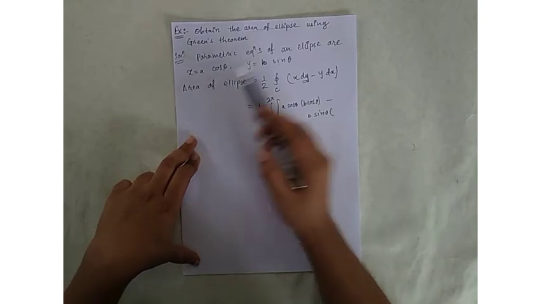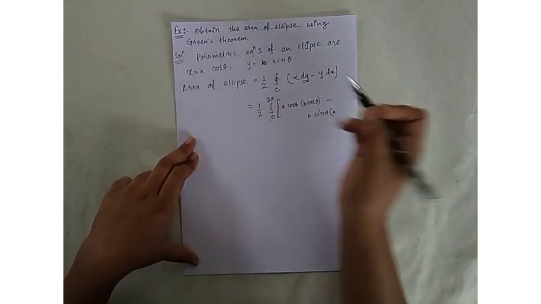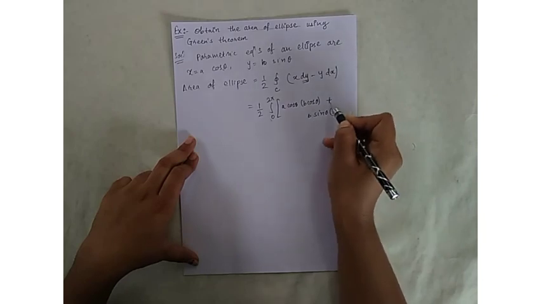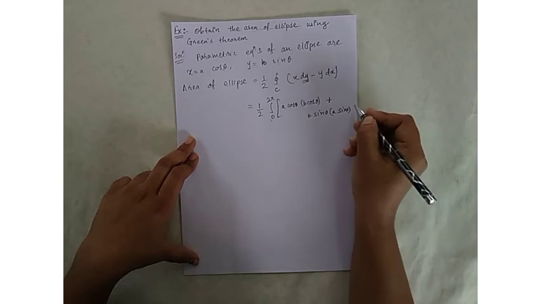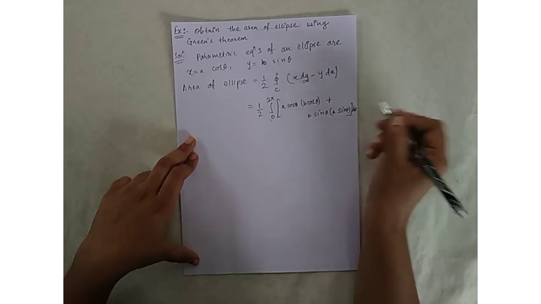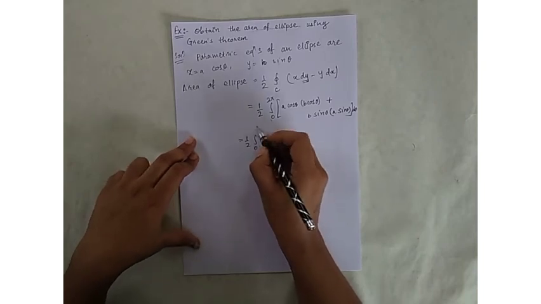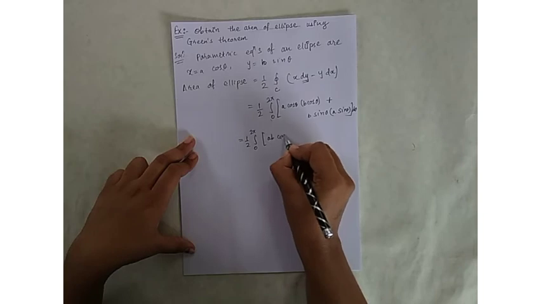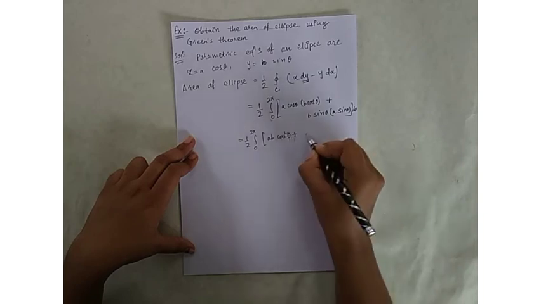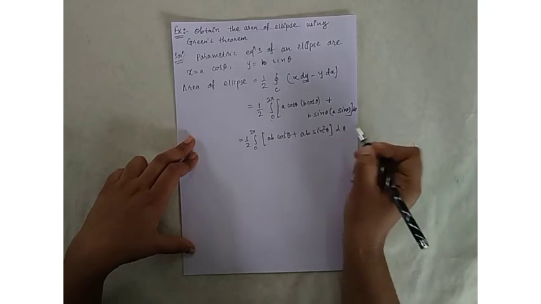So the derivative of this is a into minus sin theta, so minus will become plus, and a sin theta d theta. So it is equal to 1 by 2 integration with limits 0 to 2 pi of ab cos square theta plus ab sin square theta d theta.